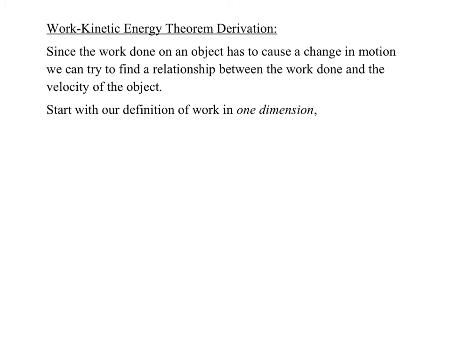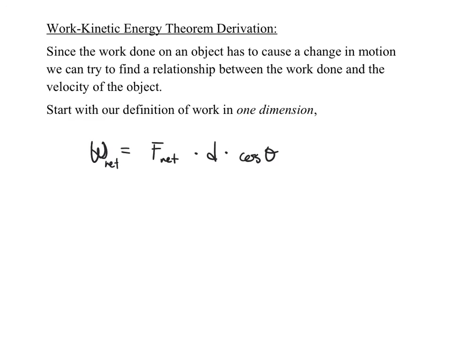So let's start first with our definition of work. Work equals F net times D times cosine theta. And that's our definition of work to start. We could say work net if we want, the net work done. FD cosine theta, that's from the beginning of this section.